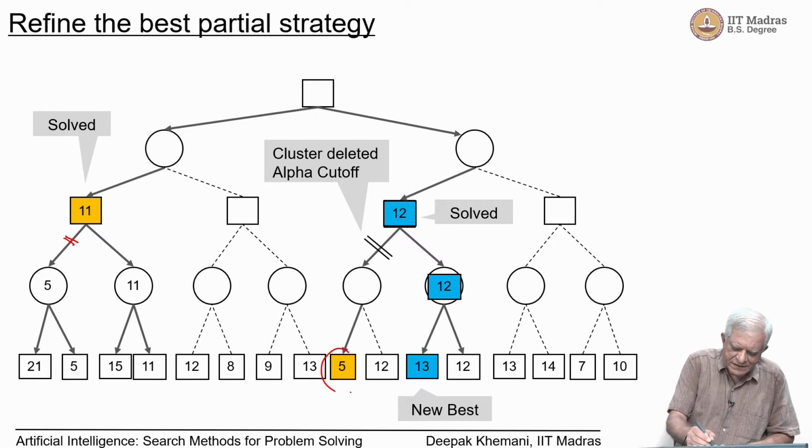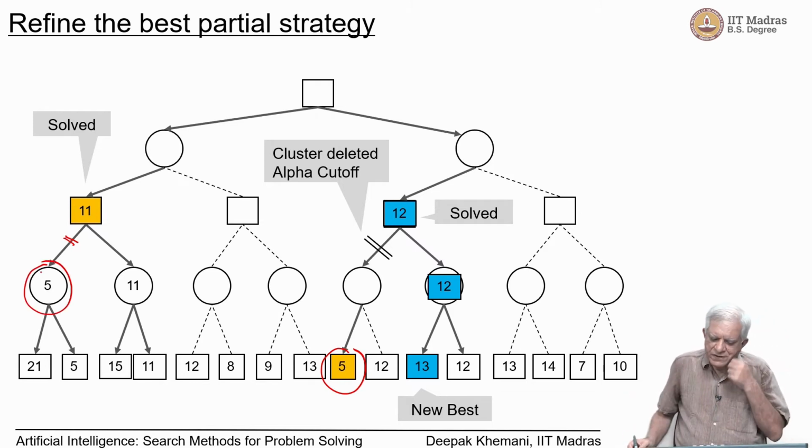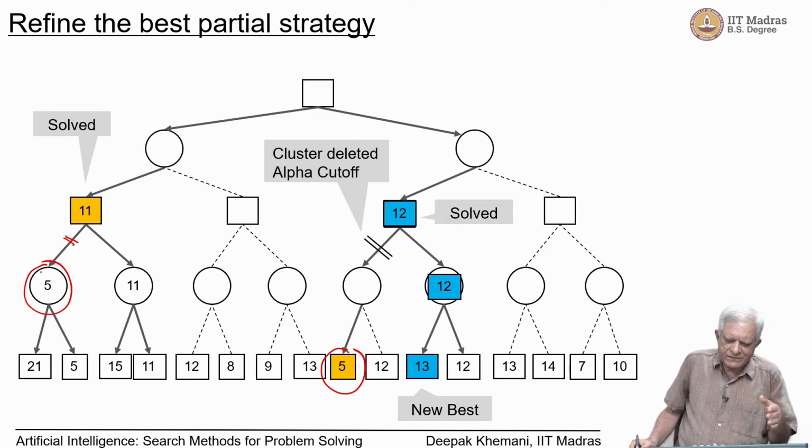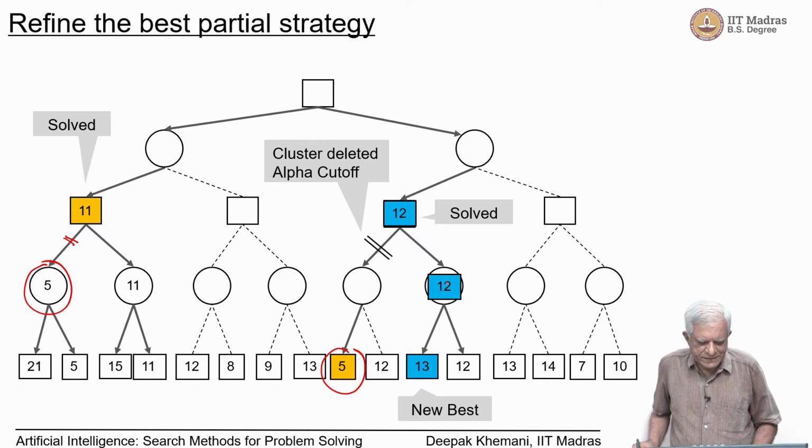Remember that at this stage there were two strategies with value 5, and both get cut off respectively, in one case because 11 is the best node, in the second case because 12 is the better node. So, max is never going to choose 5 when it knows that it is getting 12 from the right hand side. So, we can prune it away, and that is like an alpha cutoff which is taking place there.